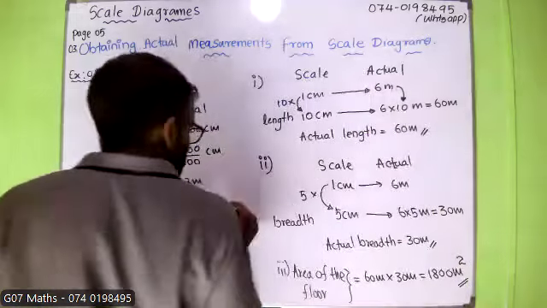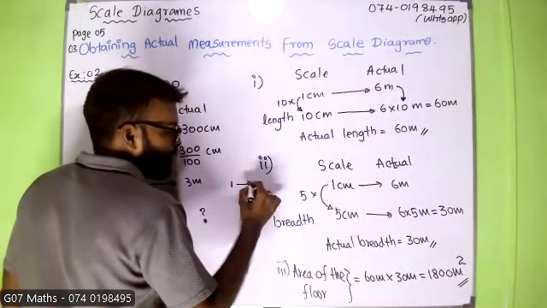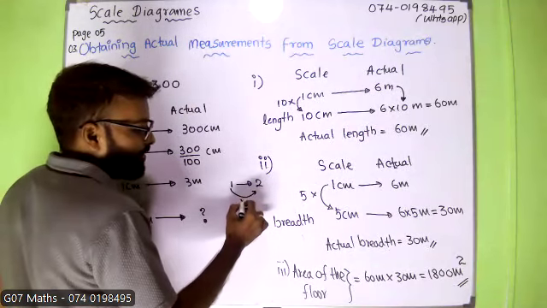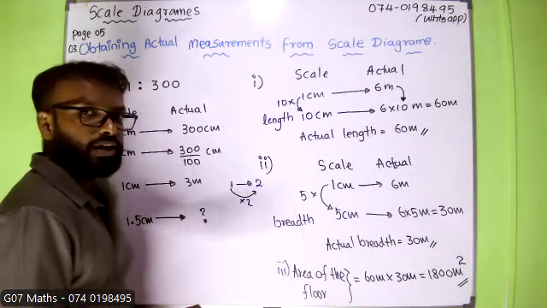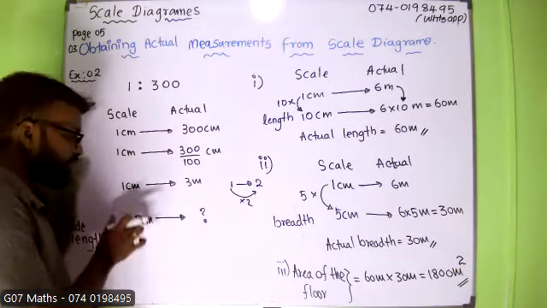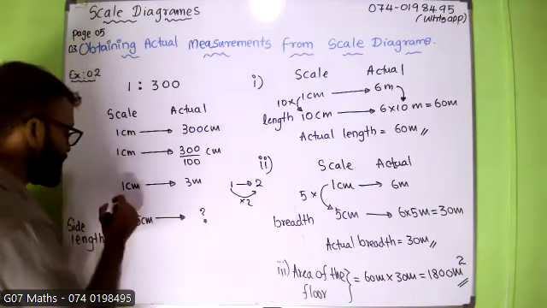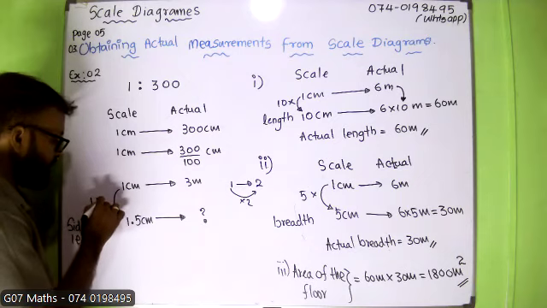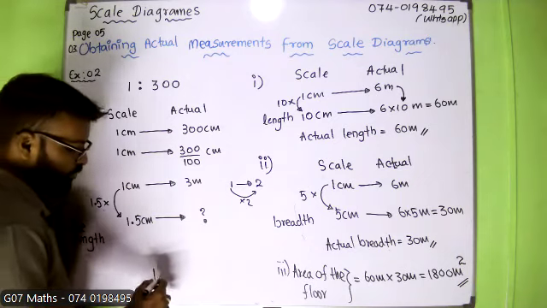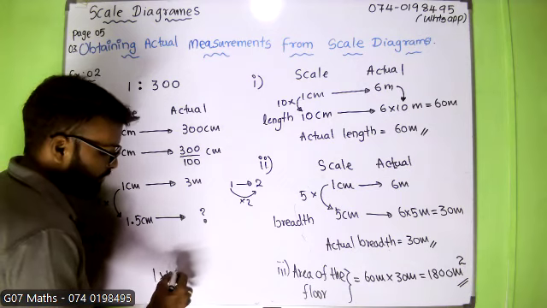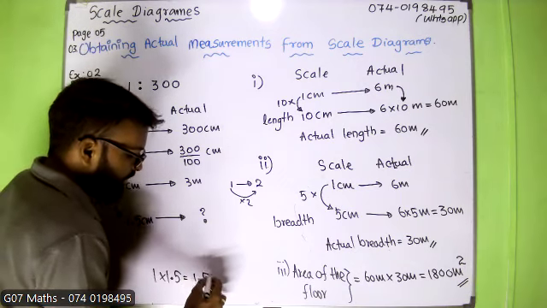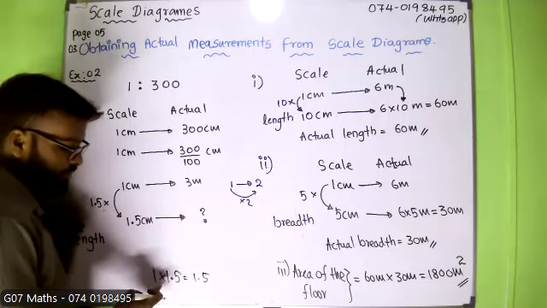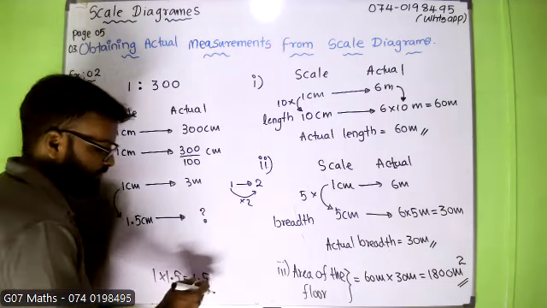How do you convert 1 into 2? Multiply 1 by 2. So how do you convert 1 into 1.5? You have to multiply 1 by 1.5. So 1 multiplied by 1.5 is 1.5. Very easy way. Multiplication table of 1.